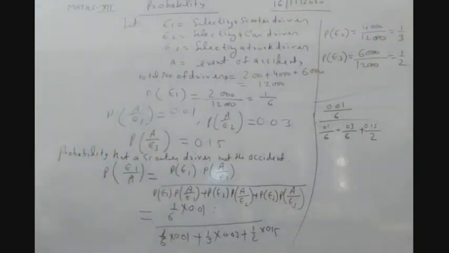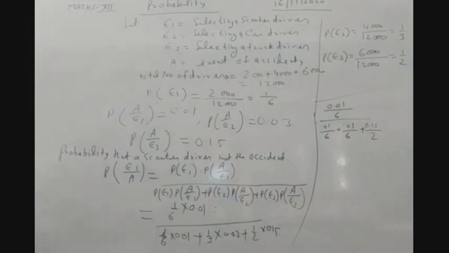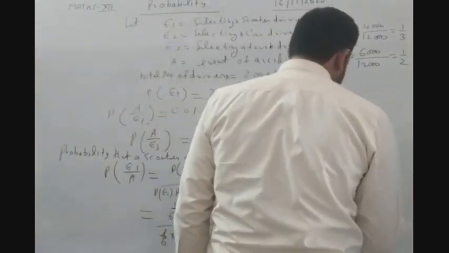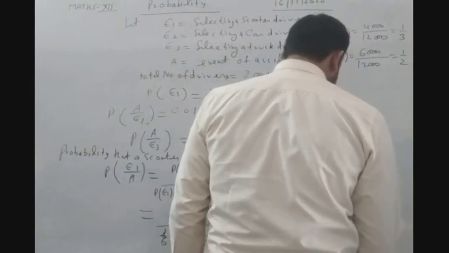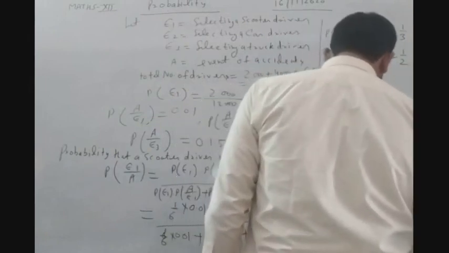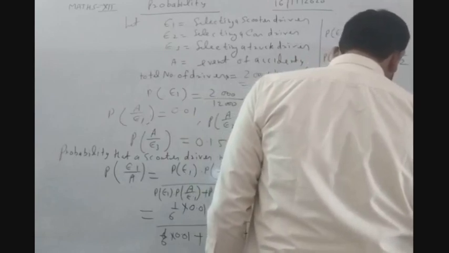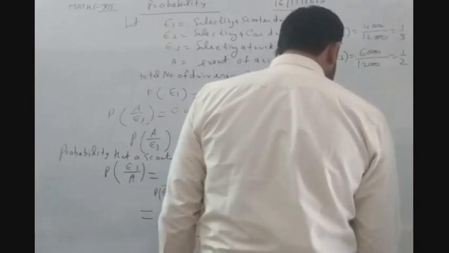Now we will further solve it and we get what? Okay. So we take the LCM, 6, 3, 2. Now this 6 and 6 will cancel.